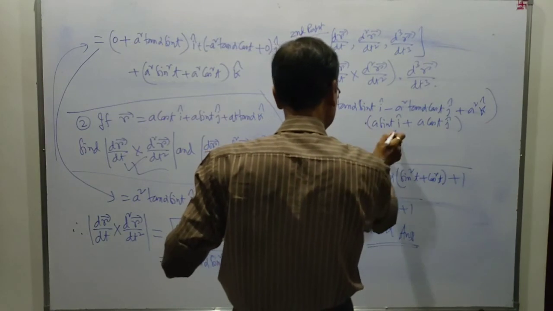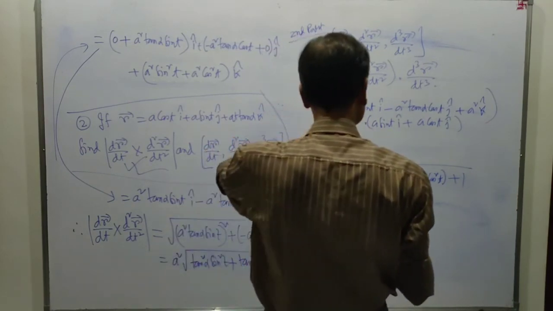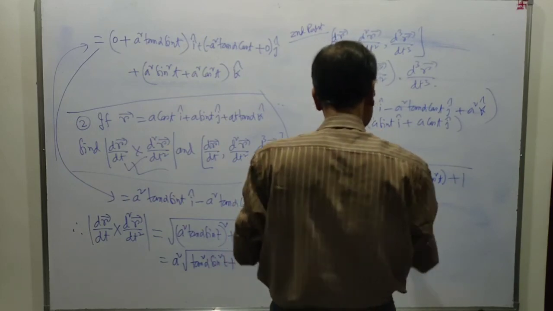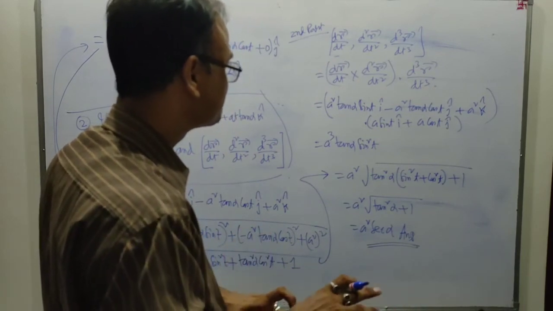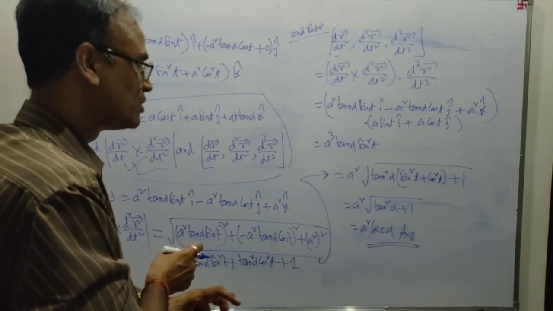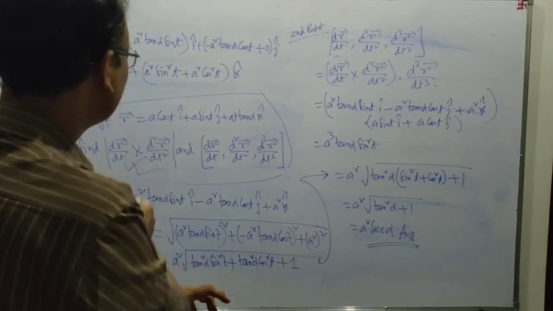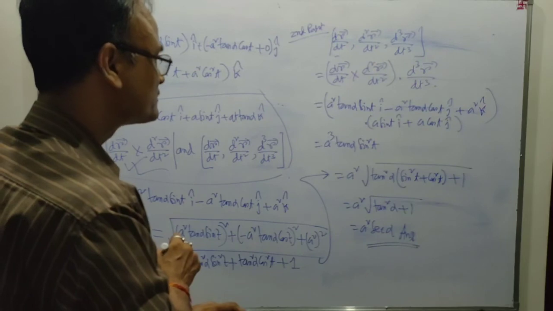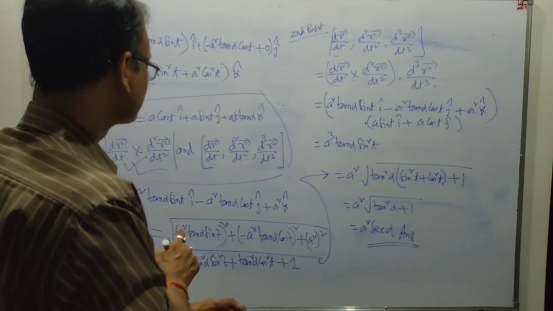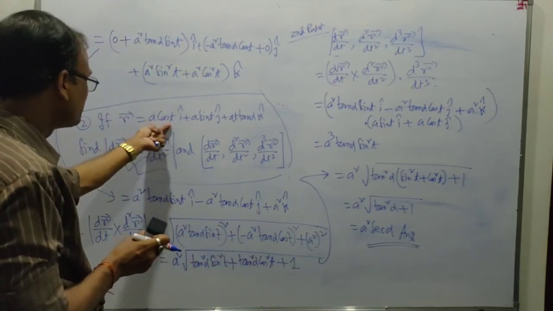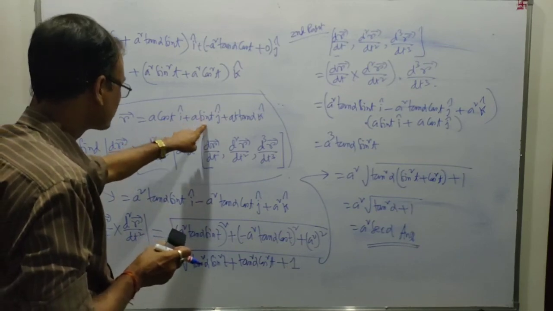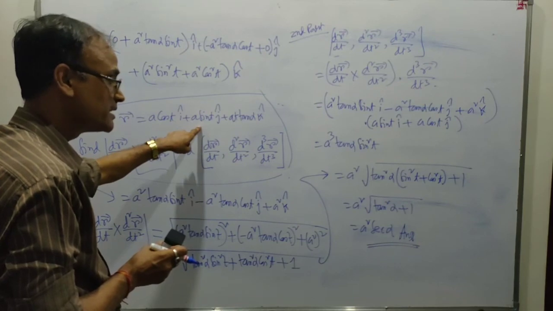This is equal to this into this: a cube tan alpha sin square t, it should have been plus, I think, a cube tan alpha cos square t, minus a sin t plus a cos t, minus a cos t minus a sin t.